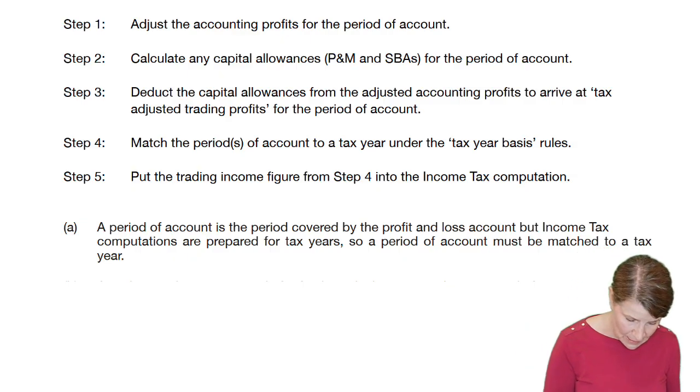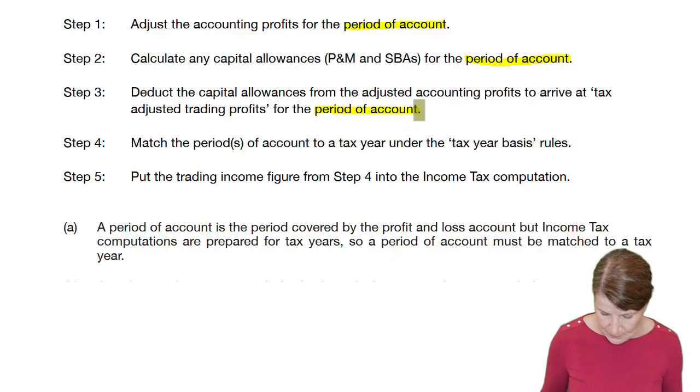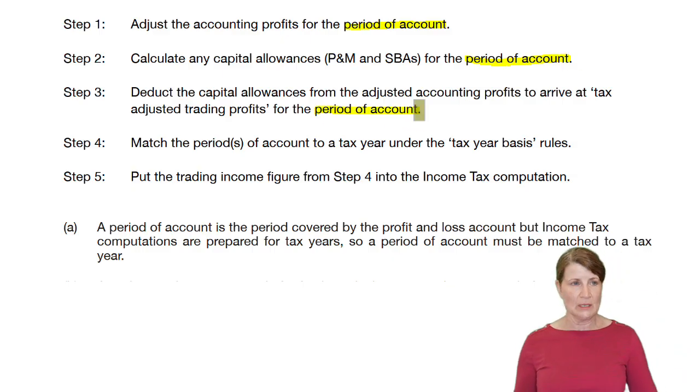So notice that up until this point, we're not even thinking about tax years. We do it for a period of account, year ended the 31st of December or the 30th of September or whatever it might be. Once you get to that tax adjusted trading profit for that period of account, then you start thinking about tax years. So how do we match a period of account to a tax year?